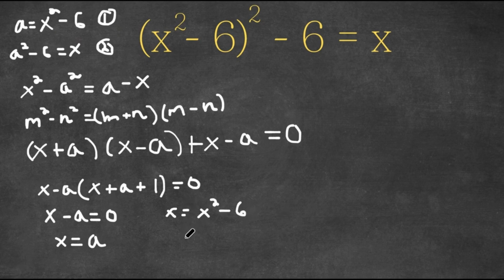And if we subtract x on both sides, we get 0 is equal to x squared minus x minus 6.